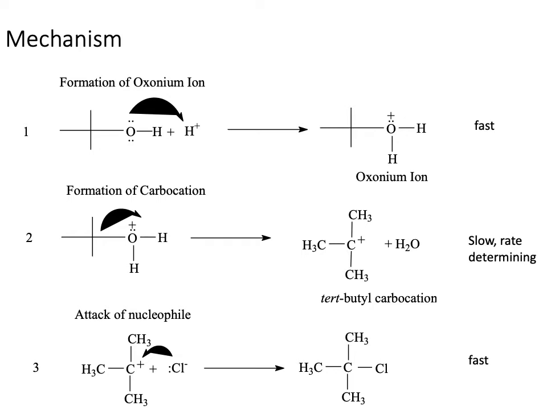After that, we have the attack of Cl as a nucleophile on the carbon, and then production of tertiary butyl chloride in the fast step.